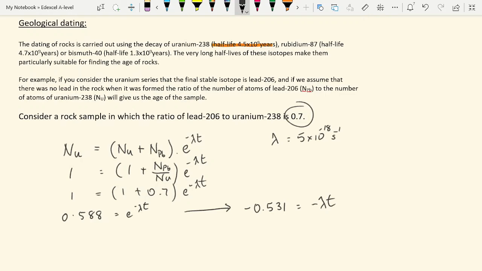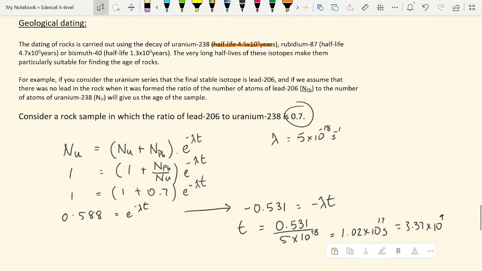Obviously the minuses are going to disappear, and so we can substitute our lambda in here, and our t then will be equal to 0.531 divided by 5 times 10 to the minus 18, giving us 1.02 times 10 to the 17 seconds, which is 3.37 times 10 to the 9 years. And that is the age of our sample.